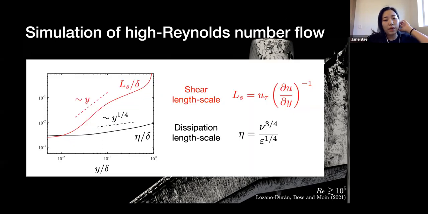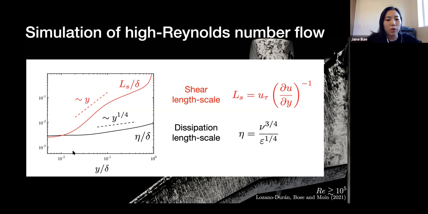And the reason behind the simulations being so expensive is, again, because of that scale separation that I mentioned earlier. In a wall-bounded flow, the large scales, which I'm plotting here as the red line, are given by the shear length scale, and the small scales, which I'm plotting here as the black line, are given by the dissipation length scale, or the Kolmogorov length scale. They grow away from the wall.